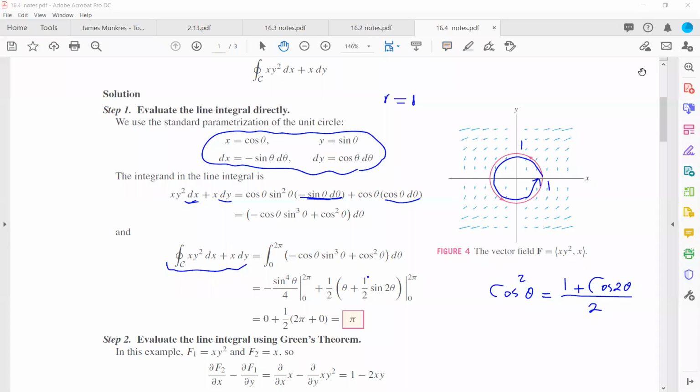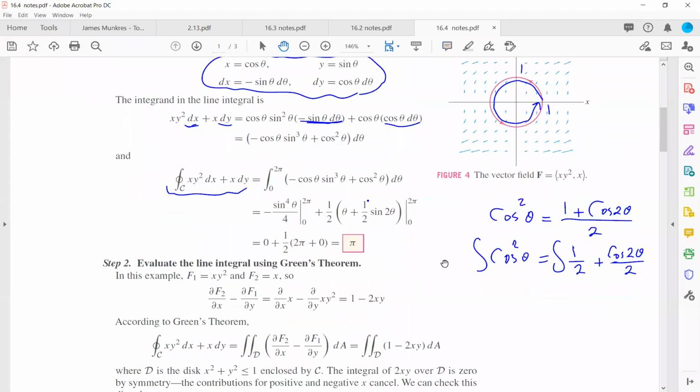So taking the integral of cosine squared is the integral of 1 over 2 plus cosine 2 theta over 2, which is equal to a half theta, where theta ranges between 0 to 2 pi, plus a fourth sine 2 theta.